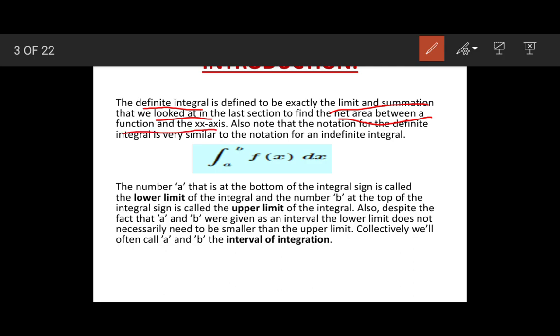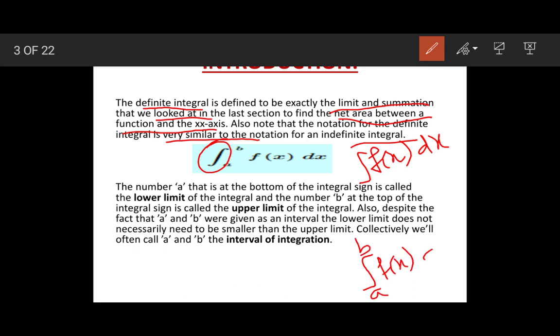Also note that the notation for the definite integral is very similar to the notation for an indefinite integral. For both we are using the same notation, but the only difference is that for the definite integral we are writing limits on the integral sign. So the indefinite integral can be written as integral f of x dx, while the definite integral can be written as integral a to b f of x dx.